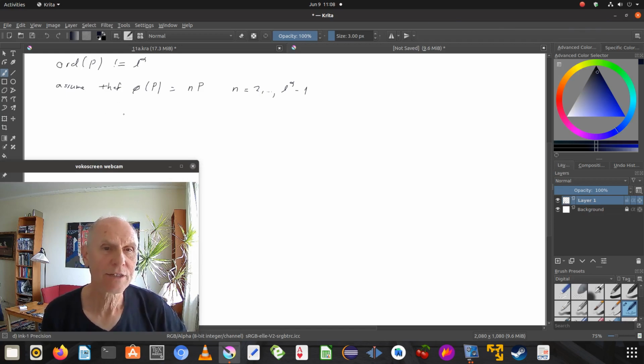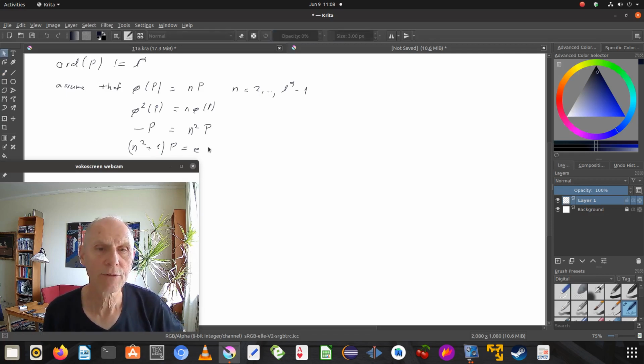Then let's apply phi to this equation. Phi squared of p equals n phi of p. That was minus p, and this gives n squared p. Thus, n squared plus 1 times p equals the unit element, or the point at infinity.